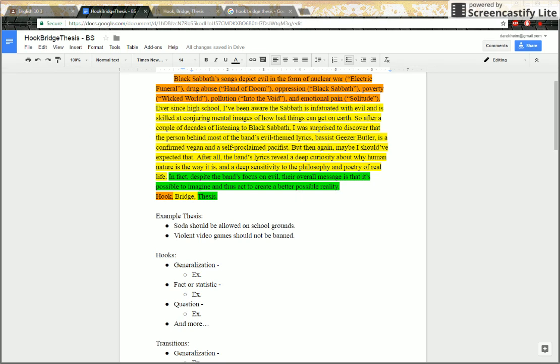Down here, for example theses, I have two policy theses. One is about a school issue and the other is a non-school issue. And you'll know they're good policy theses, because they have should or should not. They take a side, they tell the reader what the rest of the paper will be about, and they are non-moral issues.